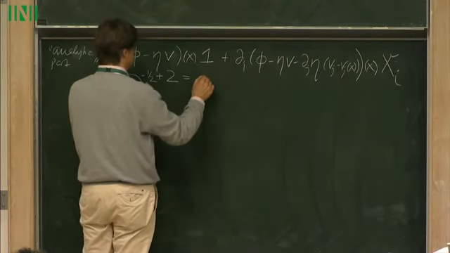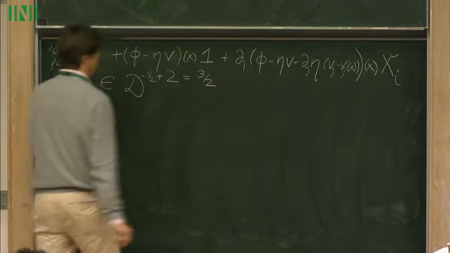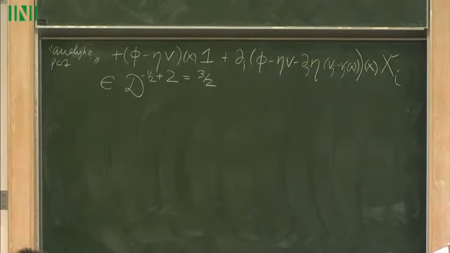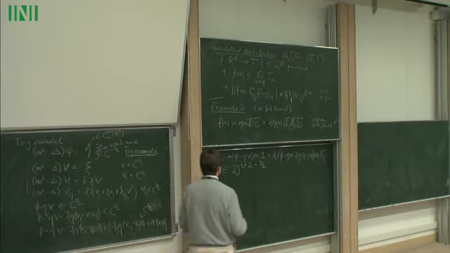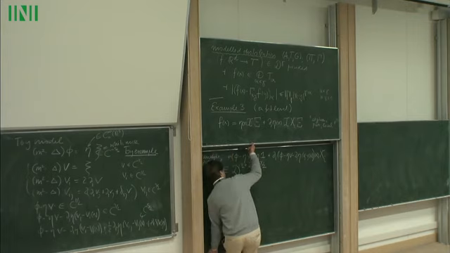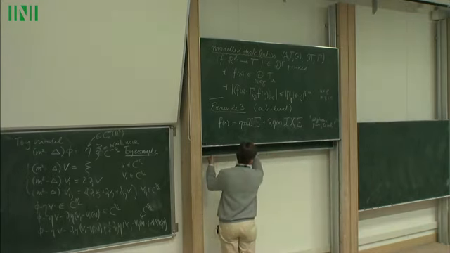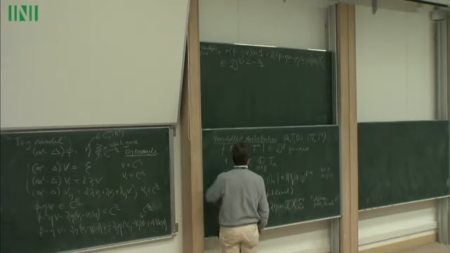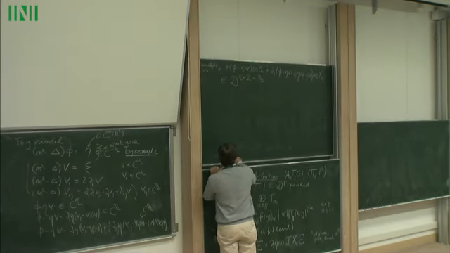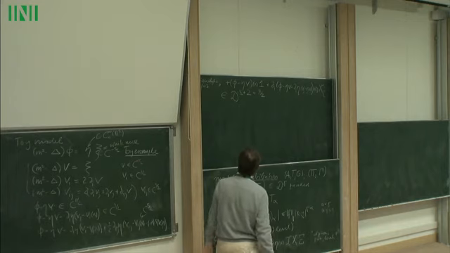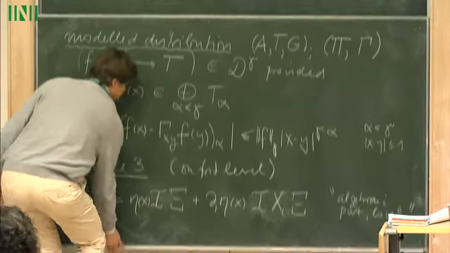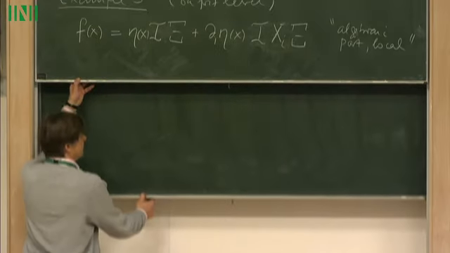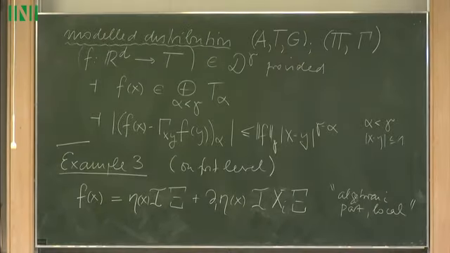So what we get should be of order 3/2. We should see that this distribution satisfies this continuity condition, and again, I think this is a good exercise, which I want to do here. So, morning exercise.